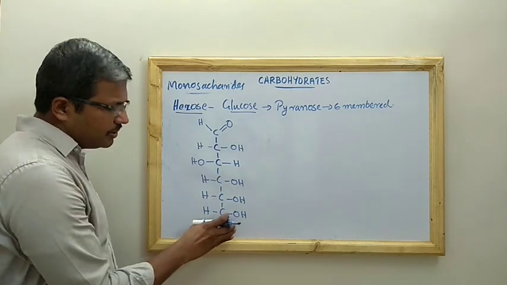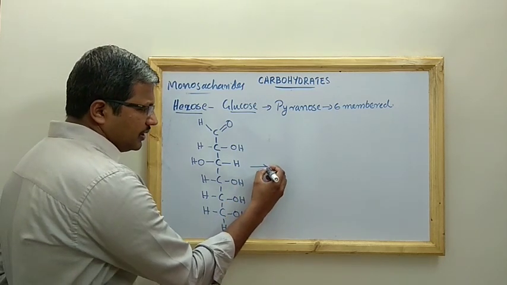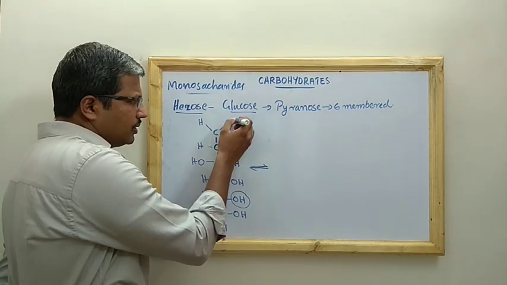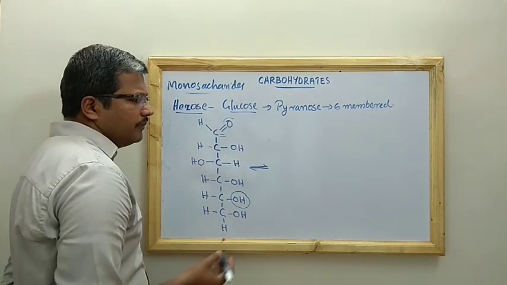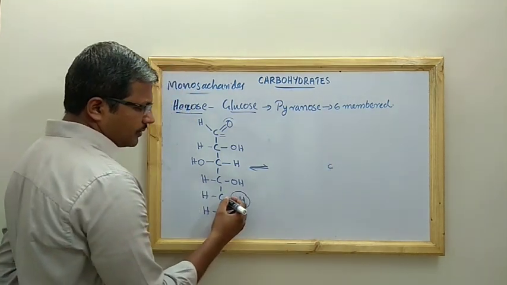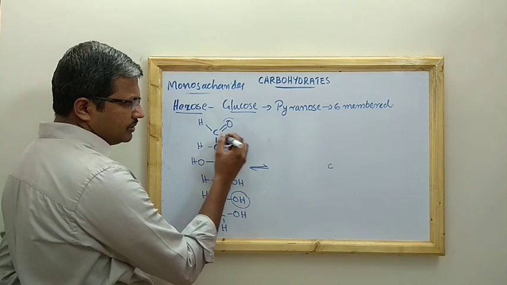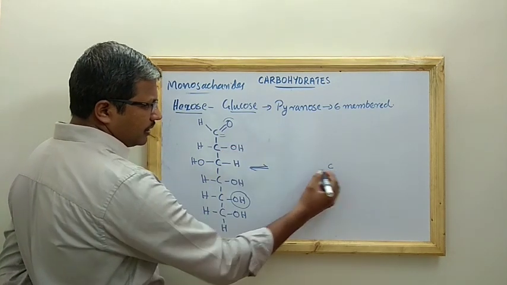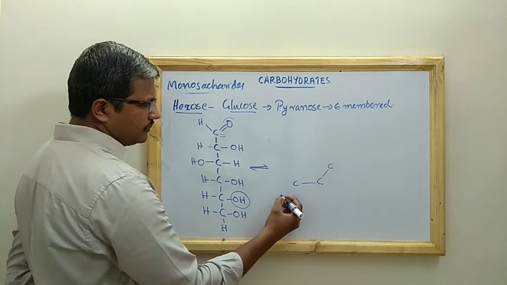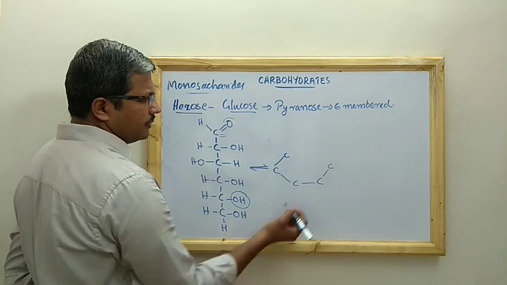I am drawing this linear structure in a different fashion. You can see it here. This particular hydroxyl group is our target, and this particular carbon. I am drawing this carbon in this way, and then coming down the second one, the third one, the fourth one, and the fifth one.